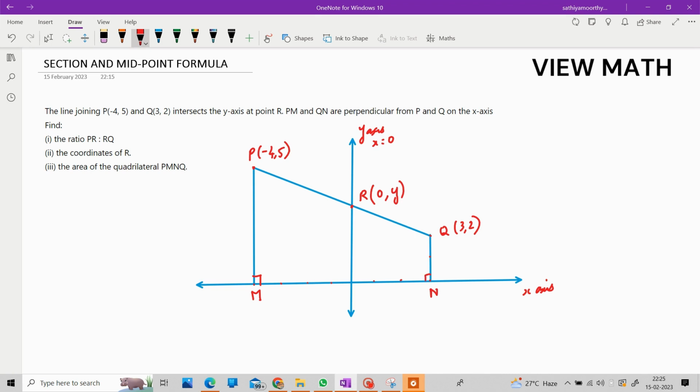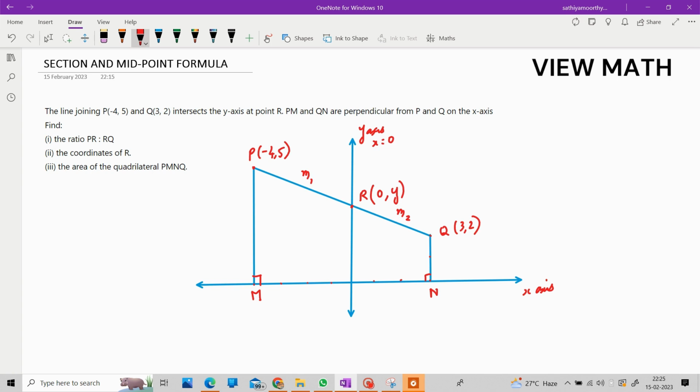Next they are asking us to find the ratio PR is to RQ, that is nothing but m1 is to m2. This is very simple. The x coordinate I know, so with that I'll be able to find m1 is to m2. Next they are asking us to find the coordinate of R, which is (0, y).